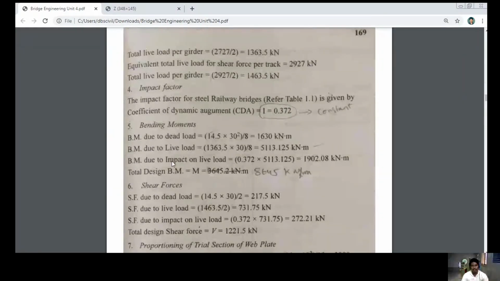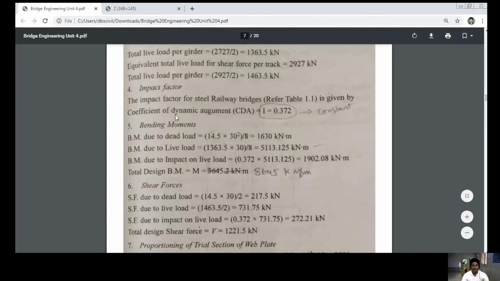As we discussed earlier in design principles of plate girder design, the impact factor follows the rules in table 1 of the steel railway bridge code, where I is equal to 0.371. It's a constant term you could use anywhere for the impact factor.